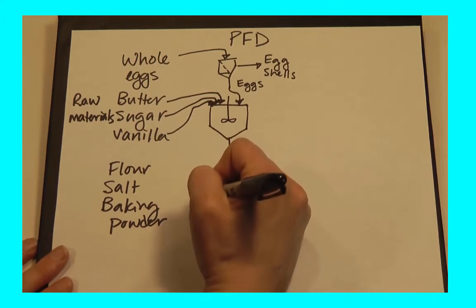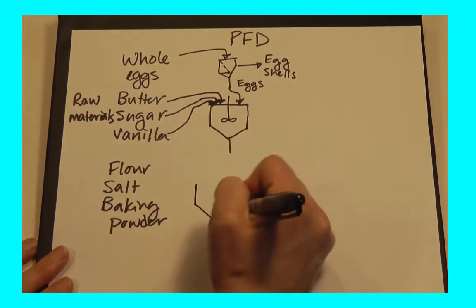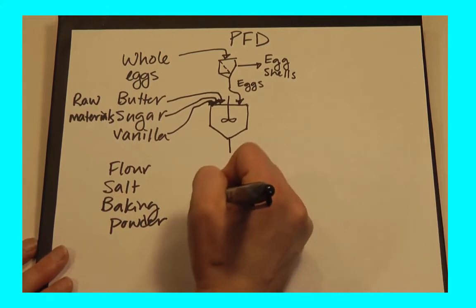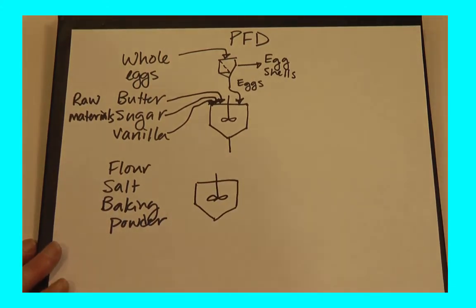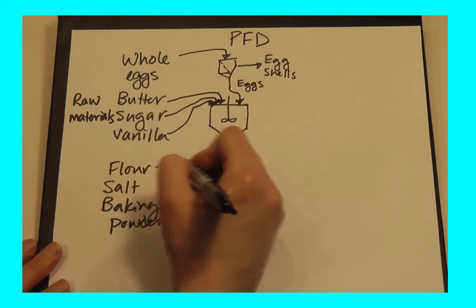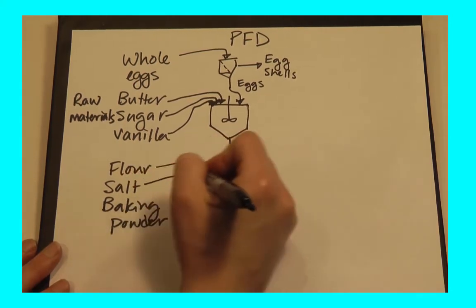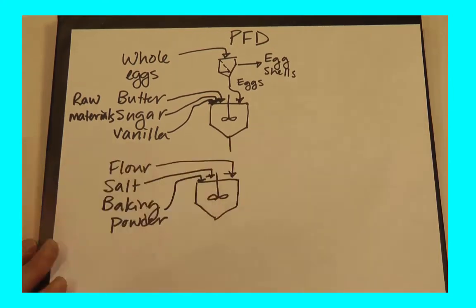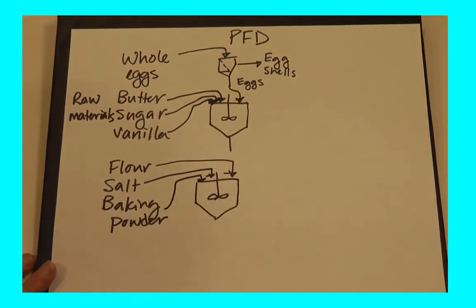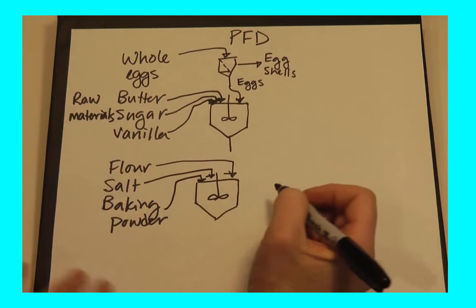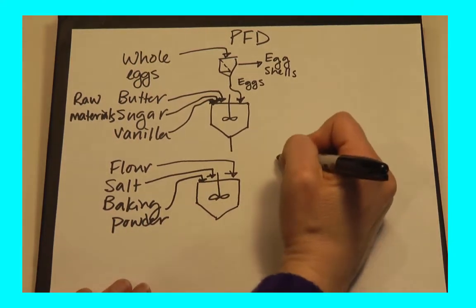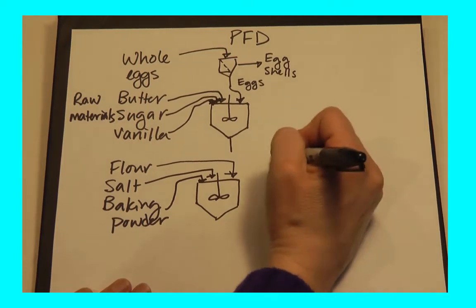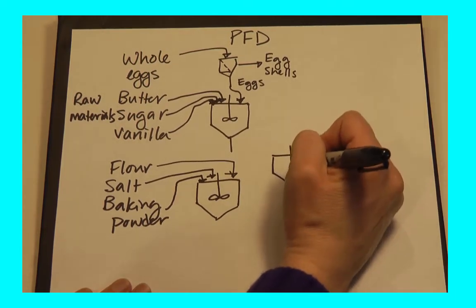I also have another mixer down here. This would be for my dry ingredients. But because I know this is a mixer, I'm going to draw it the same way. So I'll take the flour, salt, and baking powder, and all of that will go into there. Finally, I want to mix the dry ingredients and the wet ingredients together.